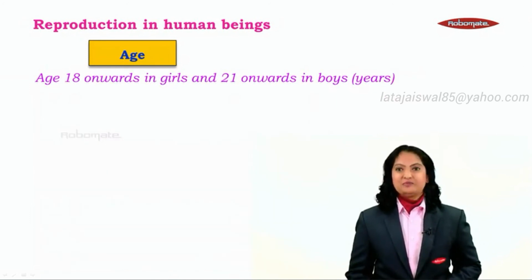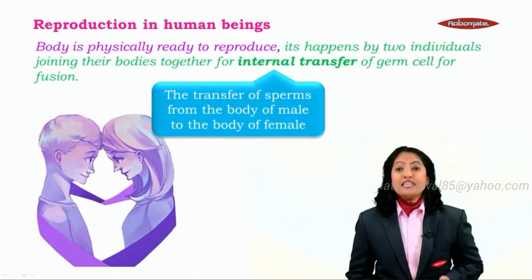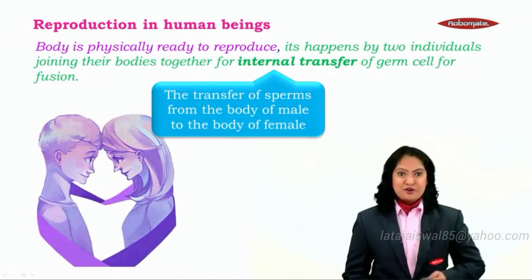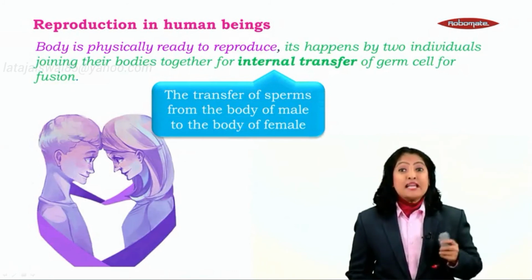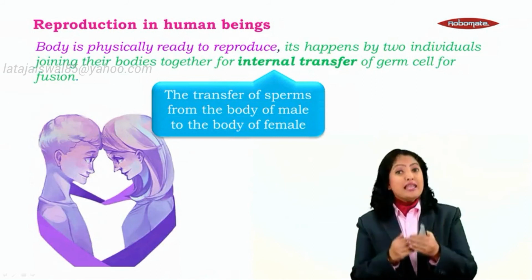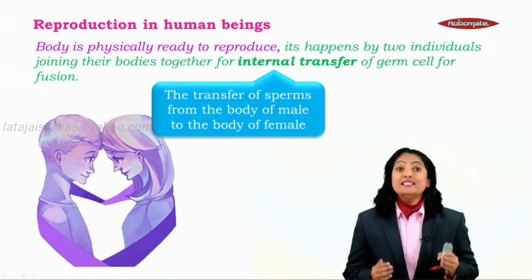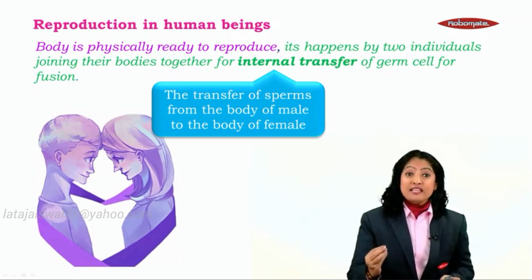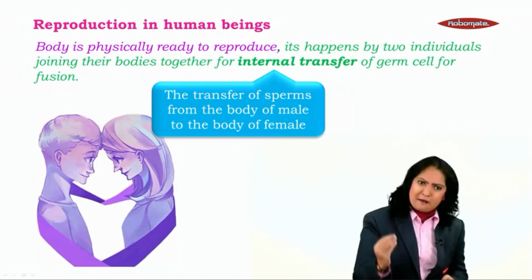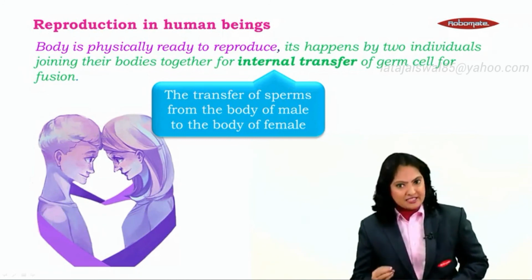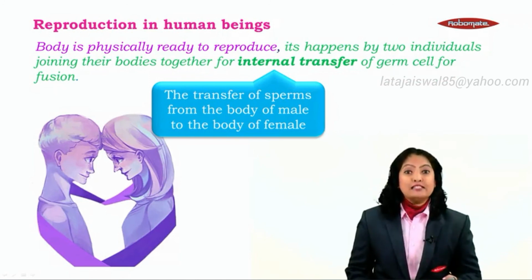Moving further, the body is physically ready to reproduce. It happens by two individuals joining their bodies together for internal transfer. That means the transfer of sperms, the male gamete, from the body of males to the body of females.